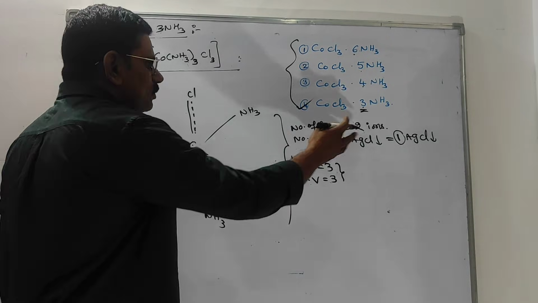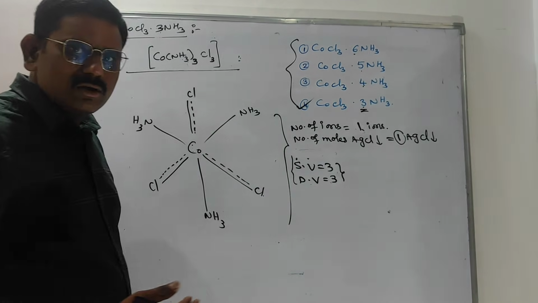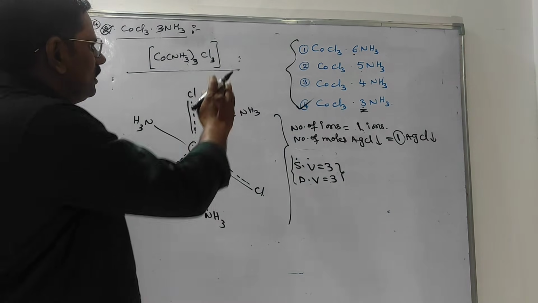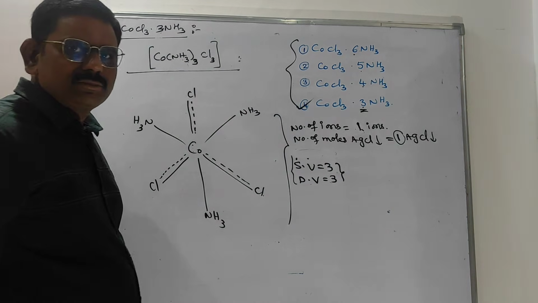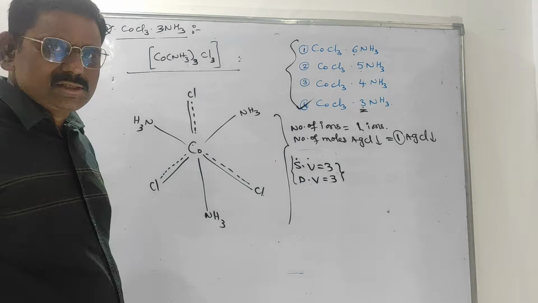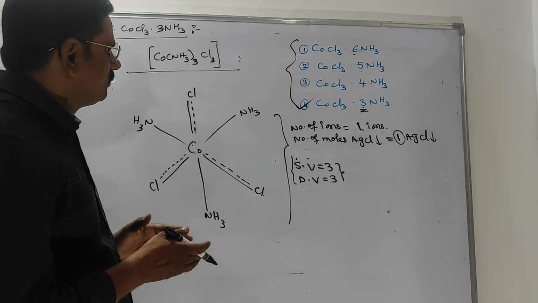How many ions are produced during hydrolysis? Only 1 ion. There are no ions outside the coordination sphere, hence the number of ions when you dissolve it in water is only 1.